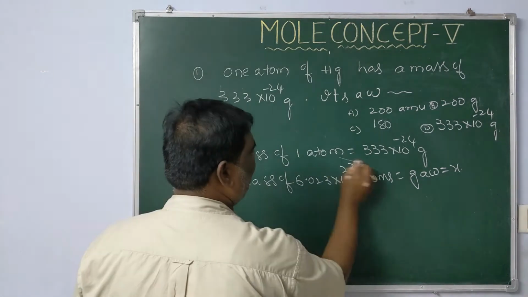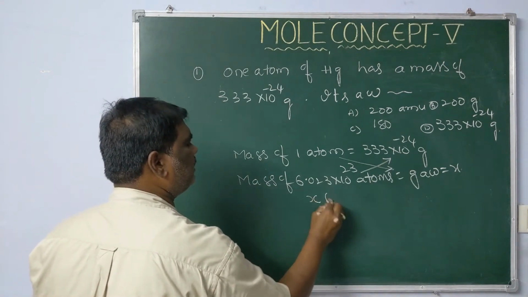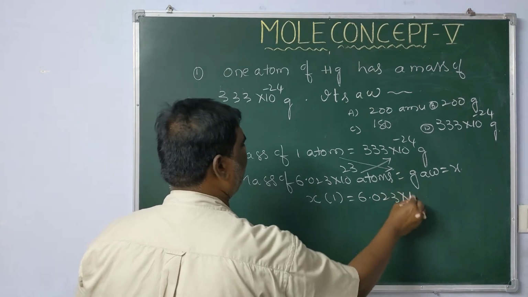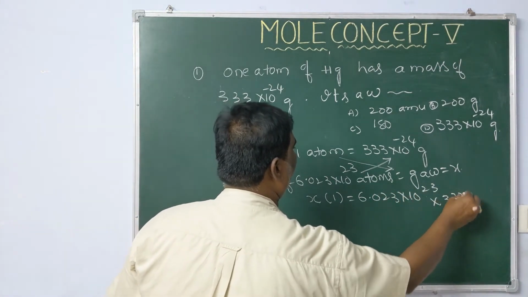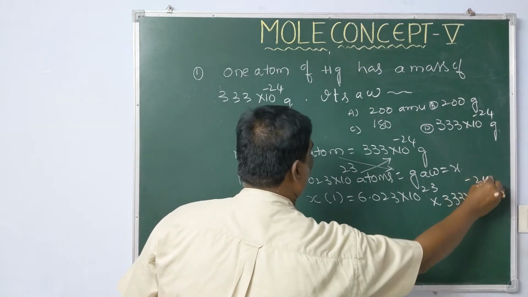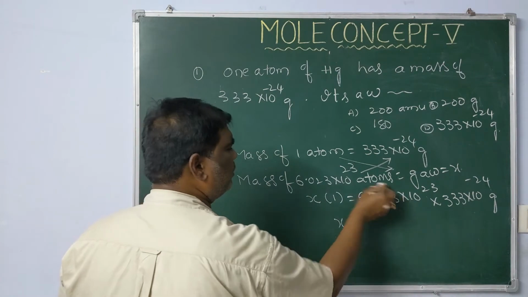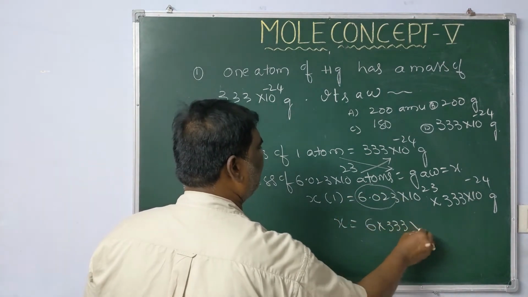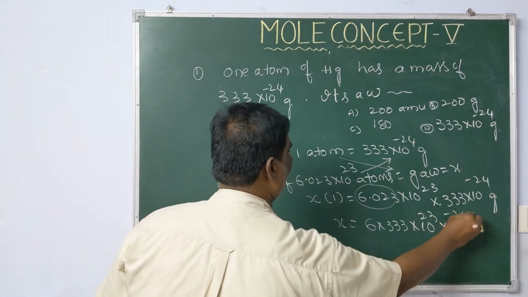On cross multiplication, x into one atom is equal to 6.023 into 10 power 23 atoms into 3.33 into 10 power minus 24 grams. So x is equal to, now I am rounding off, 6 into 3.33 into 10 power 23 and 10 power minus 24.